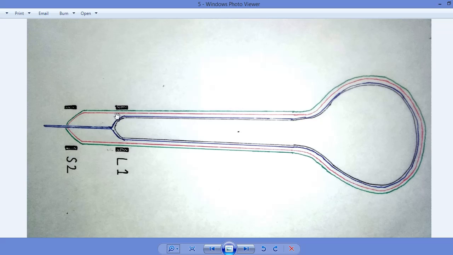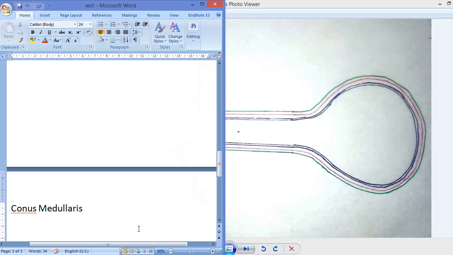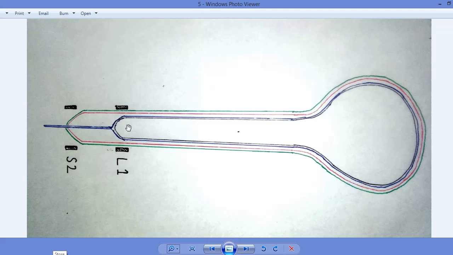The cauda equina starts from conus medullaris, and conus medullaris is the last part of the spinal cord, which exists at the L1 portion. Below the L1 portion, the cauda equina starts.